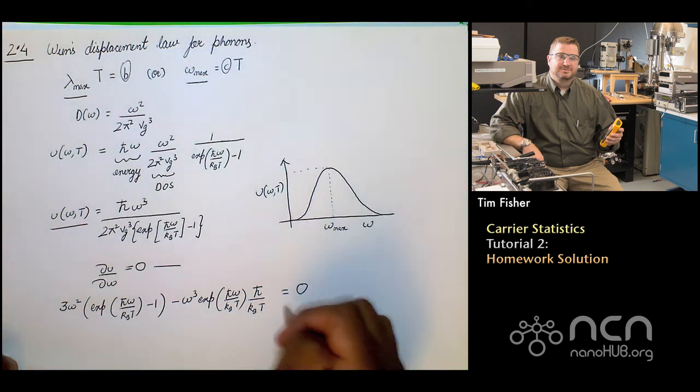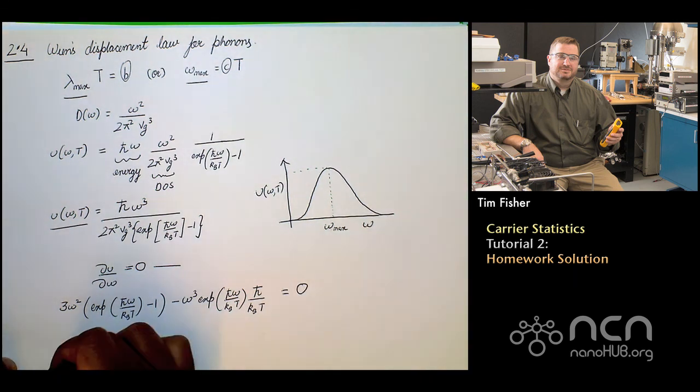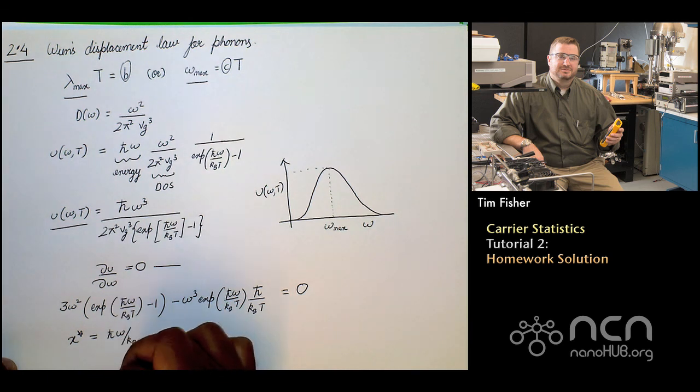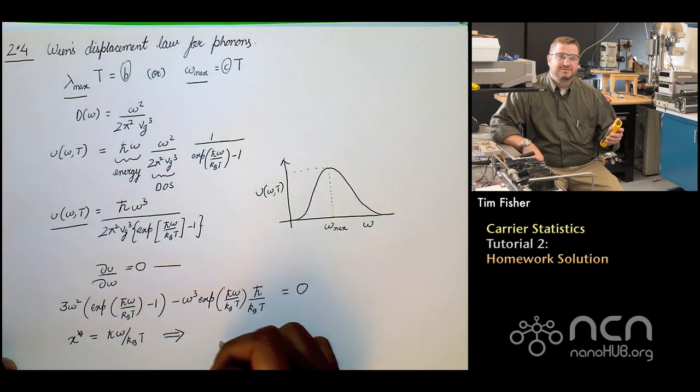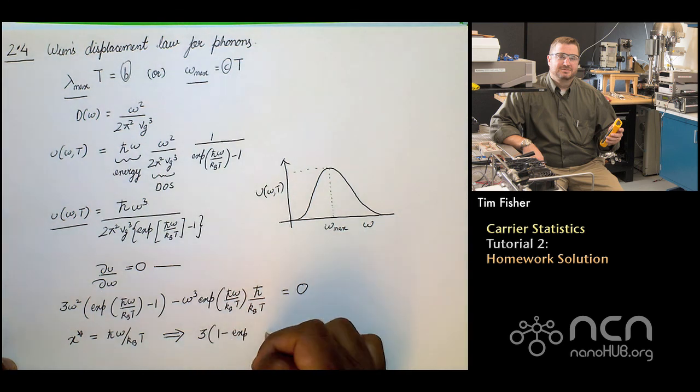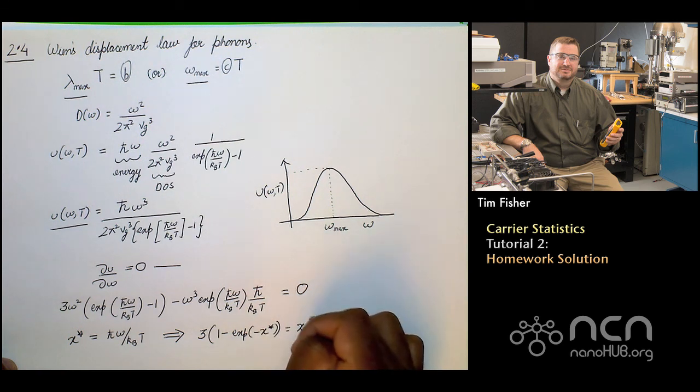Now we can simplify this equation further by substituting x star for h bar omega upon kBT, and this will result in the following implicit equation for x star, which will be 3 multiplied by 1 minus exponential of minus x star equal to x star.